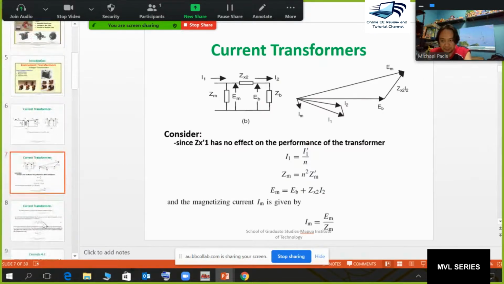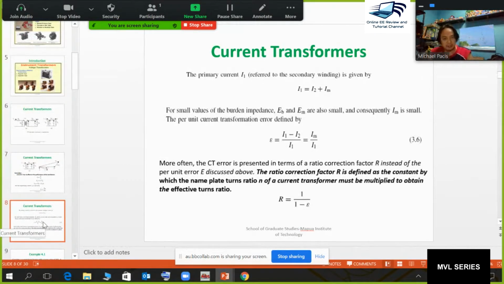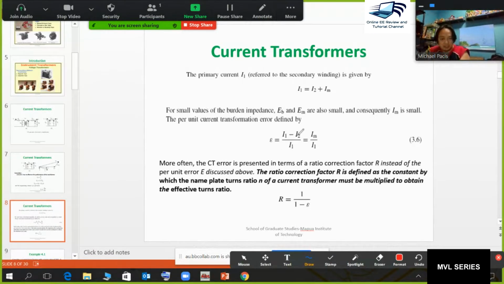For your current transformer, as I have mentioned, the primary current I1 is equal to I2 plus IM. Now, definitely, we have the per unit current transformation ratio error. The per unit current transformation error is defined by this formula here, which is the difference between I1 and I2 over I1.